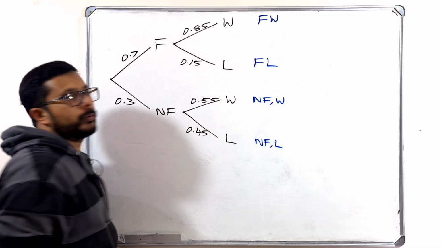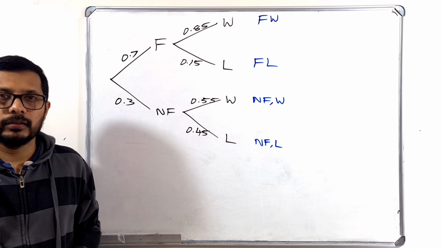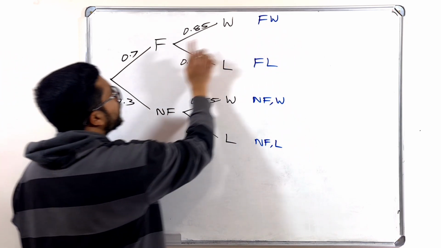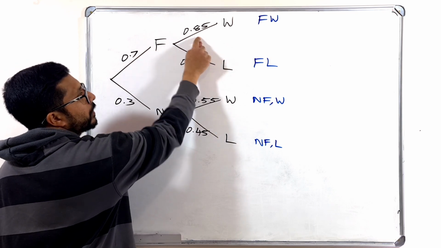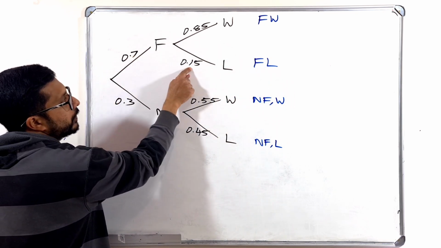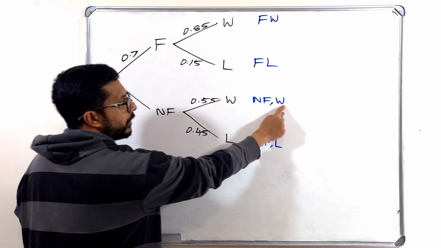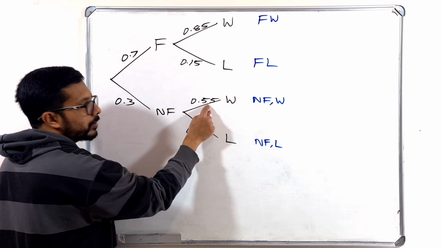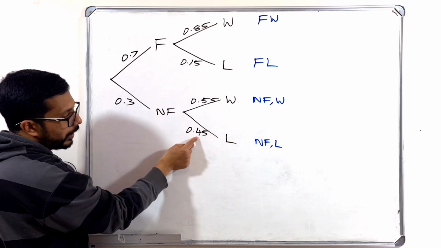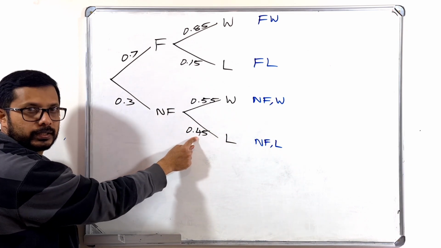How can you find the probability of fit and win? Maybe you remember you studied it in grade 10. You just multiply these two numbers. For fit lose, you multiply this one with this one. Not fit win, 0.3 times 0.55. Not fit lose, 0.3 times 0.45, like that.